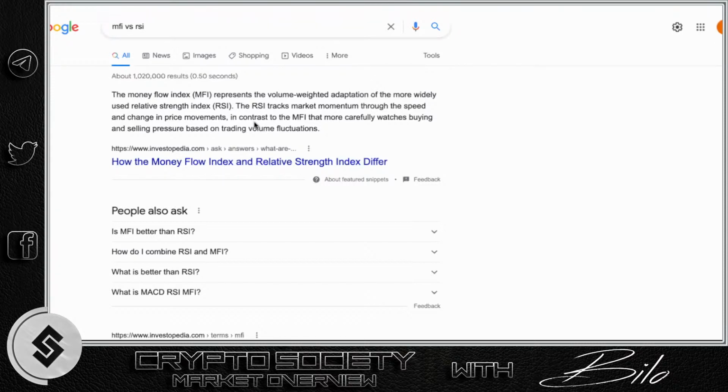Okay. So money flow index represents the volume-weighted adaptation of the more widely used relative strength index. RSI tracks market momentum through the speed and change in movement, in contrast to MFI, which more carefully watches buying and selling pressure. So it incorporates the actual buying and selling versus the speed at which the commodity, the stock, the crypto, whatever, is changing positions.